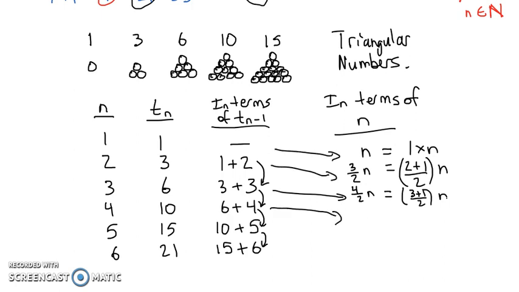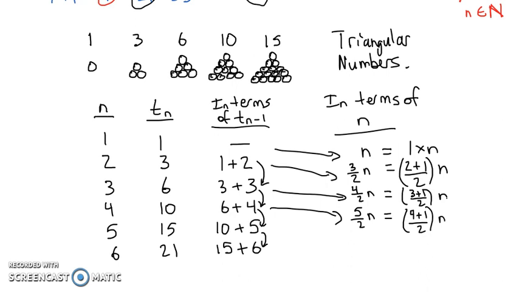Let's go one more here and see if this pattern continues. The next one I can write out as 5 over 2 times n. So for that fourth term, which is 10, 5 over 2 is 2.5. 2.5 times 4 is 10, because the n value is 4. So we could write that as 4 plus 1 over 2 times n. And we continue that every time for all the values.